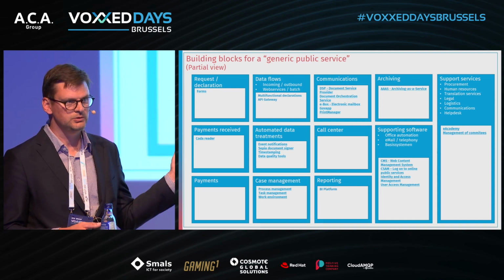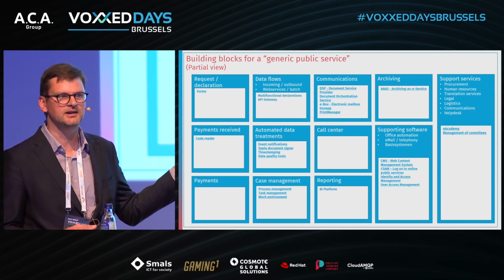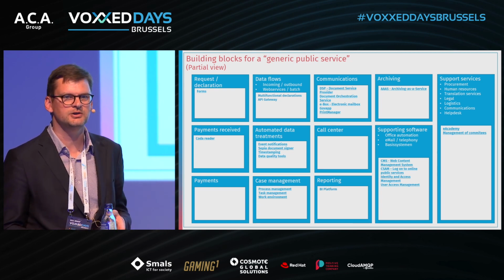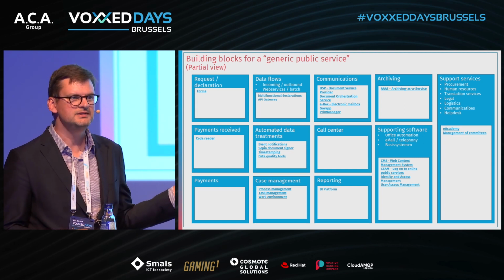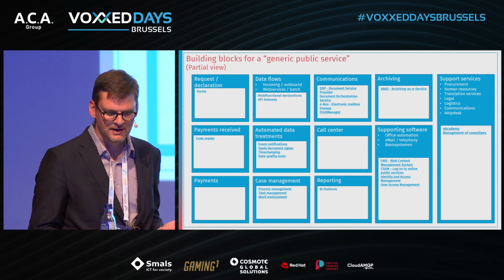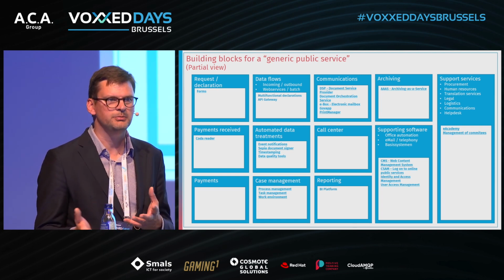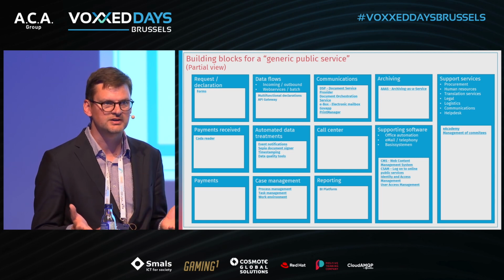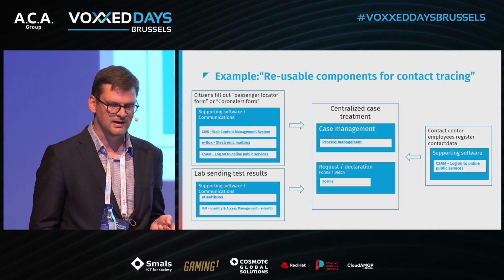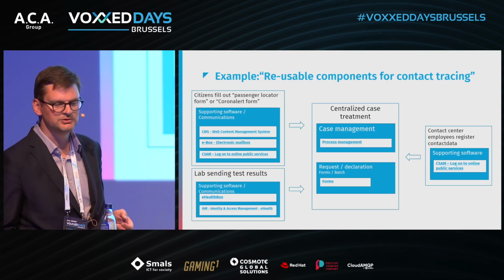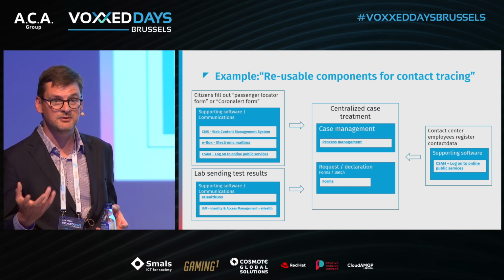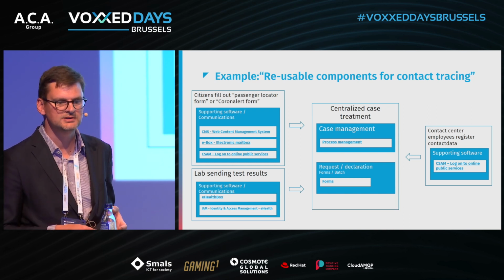And so when you take the different institutions that I showed on the other slide, somehow all of the institutions are doing the same. And that means that in an ideal situation, of course it's not so easy in practice, when we have generic components that support this, we can go much faster and offer much more quality in our different projects. For example, we used it in contact tracing, of course, during the COVID period, when we had to be very fast in providing new digital services.